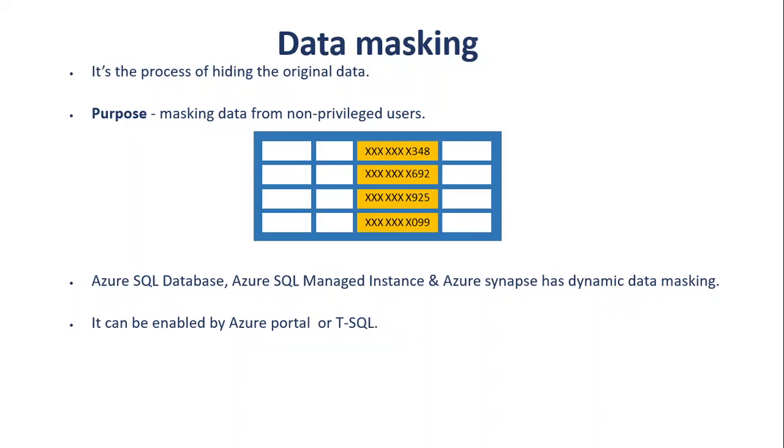It's not available in Cosmos DB or Data Lake Gen 2 or other services. It can be enabled through the Portal or T-SQL. So it can be done directly on the Azure Portal, or we can write a query. I'm going to show you both.